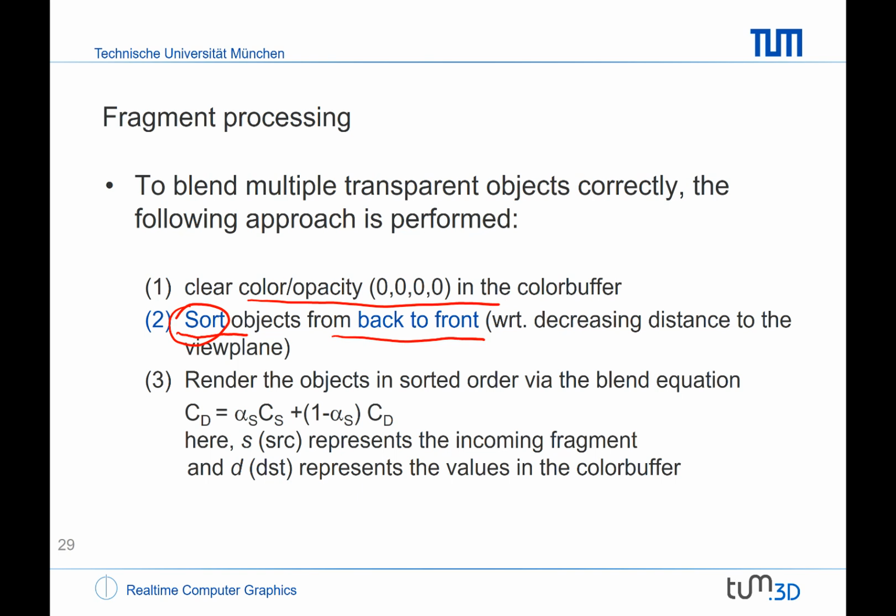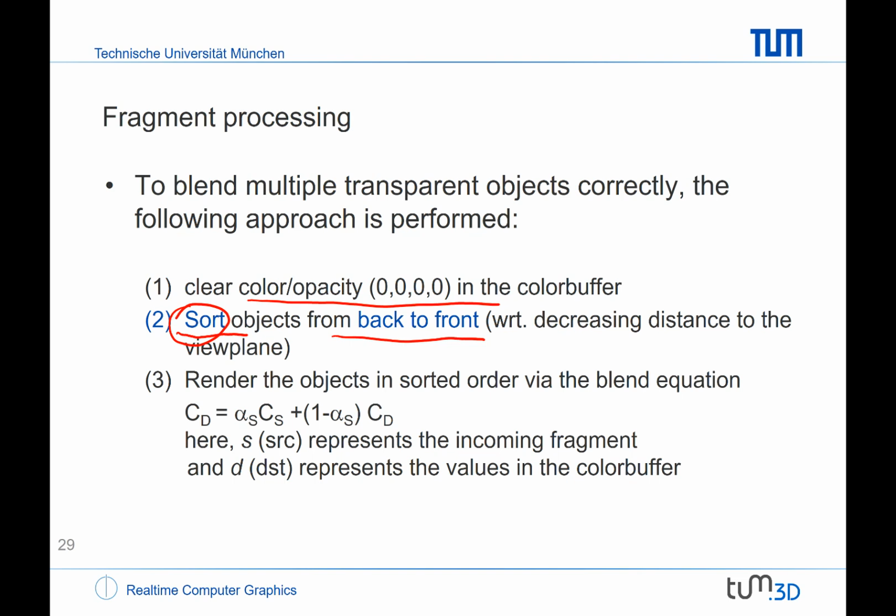And it's clear that if you change the view, if you navigate through a scene, or the objects are transformed to a different position or orientation, then of course also the order of the objects changes, meaning that the sorting really has to be done in every frame. And that can become computationally very intensive if you have a huge number of objects that need to be sorted.